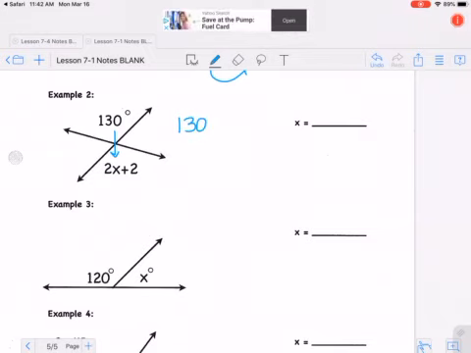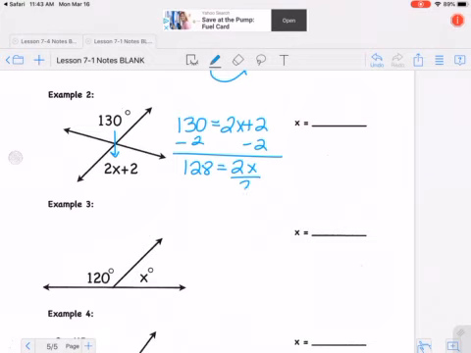So we have 130 is equal to 2x plus 2. And we're going to solve this like a two-step equation. So I would subtract 2 from both sides, and I would get 128 is equal to 2x. Then I would divide by 2, and my x would equal 64 degrees.